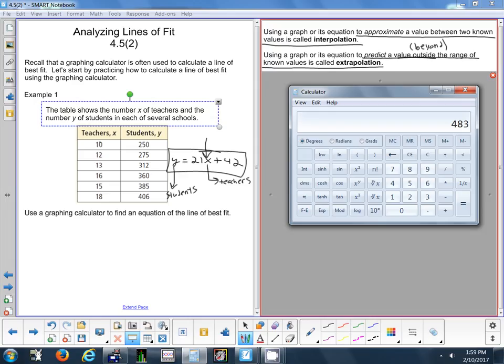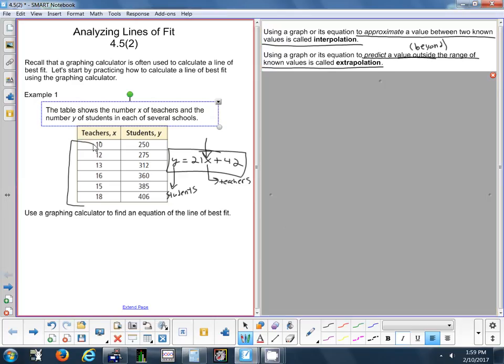So if you say, I have 100 teachers, I would say, I don't know if I can use this to predict that, because my data right here is way too far away from 100. 20, 21, 22, maybe 8, 9, I could make those kind of predictions.